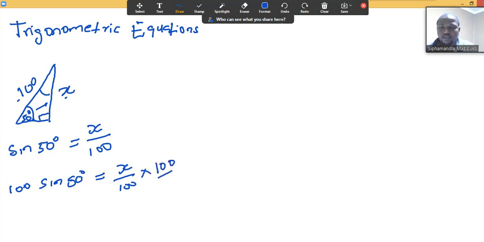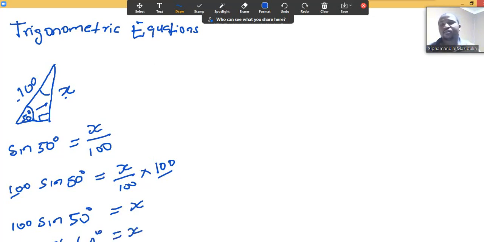So therefore we have 100 sine 50 degrees is equal to x. You can put that on the calculator: 100 times sine 50 degrees gives us 76.60, equal to x.